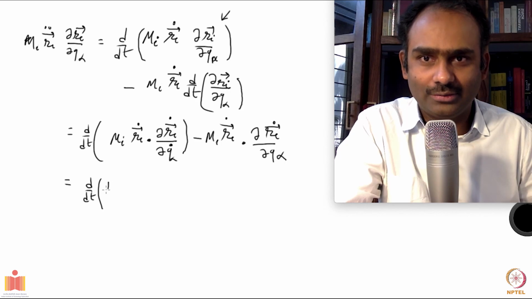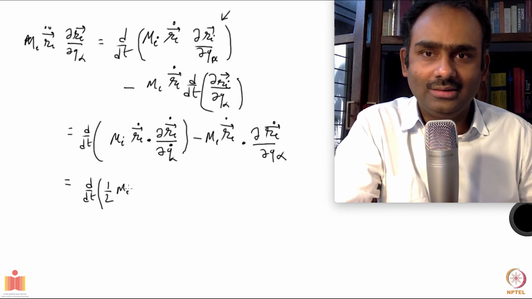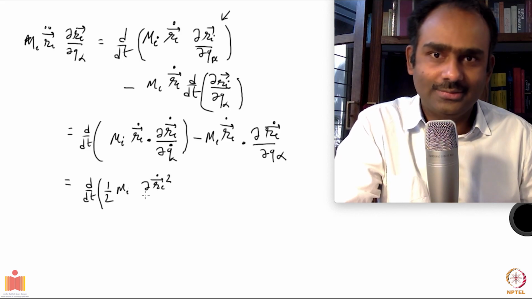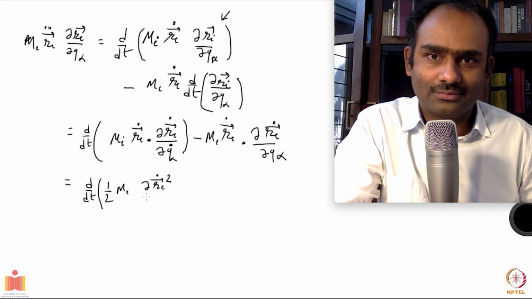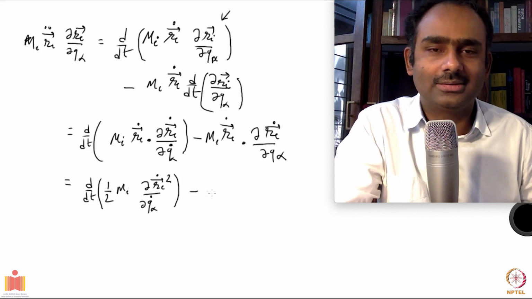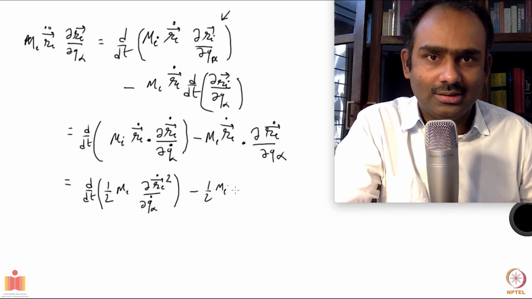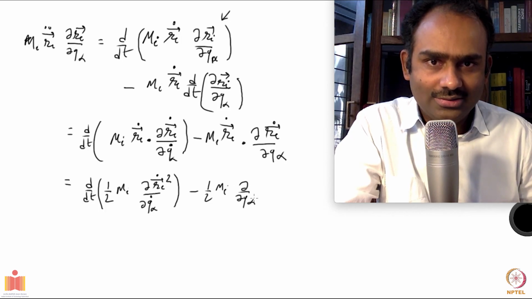So I remove that one by writing half and then del ri dot square over del q alpha dot, minus the same thing here, half mi del over del q alpha ri dot square.